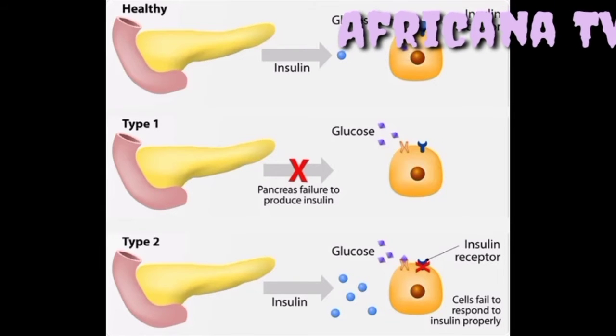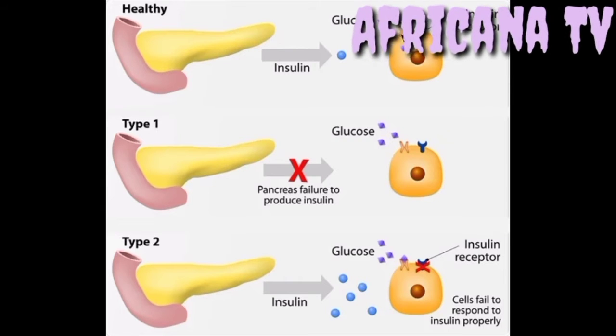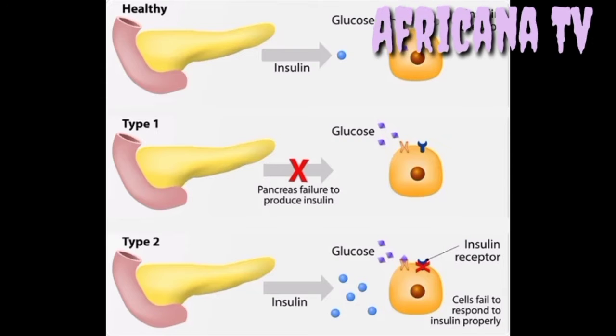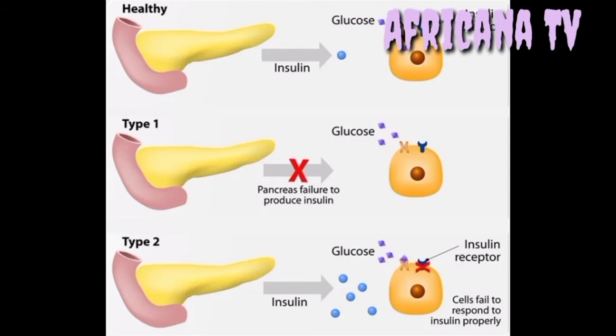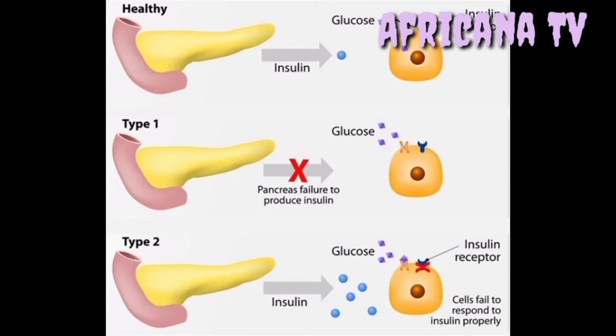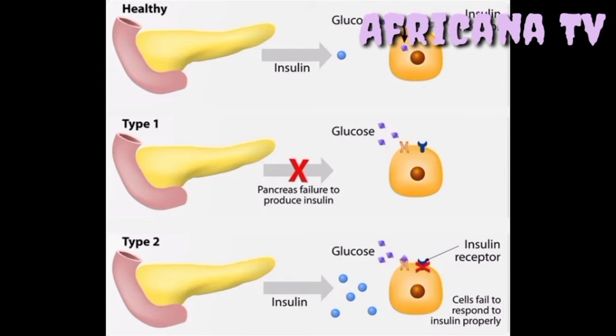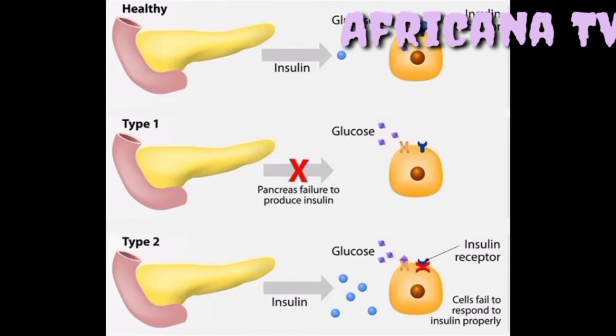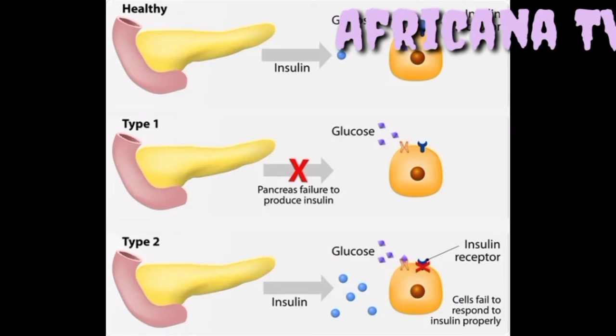The insulin is in the blood, but the cells don't recognize it, so they don't absorb glucose to be used. This is also called non-insulin dependent.